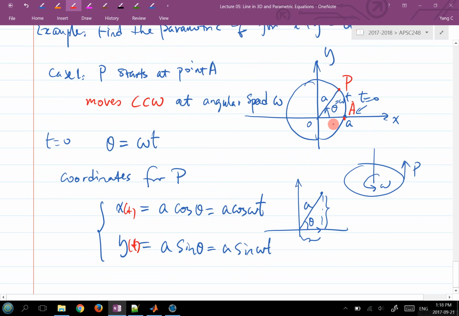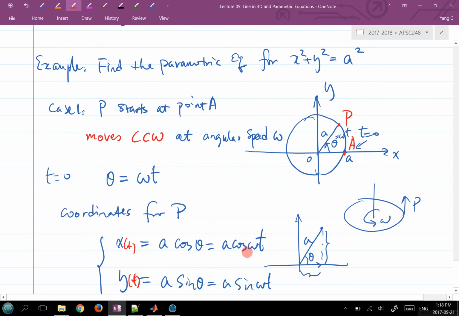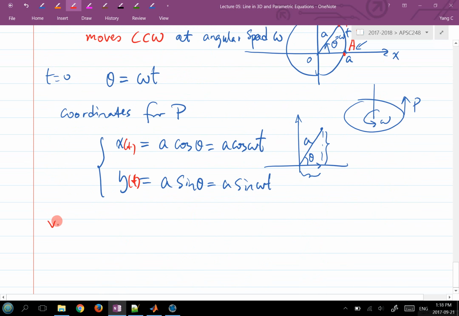How would you verify that? All you do is you square each one and add them up, and what is it equal to? A square, right? So that's exactly the circle. Which means this is a legitimate parametric equation for the circle that you're looking for.